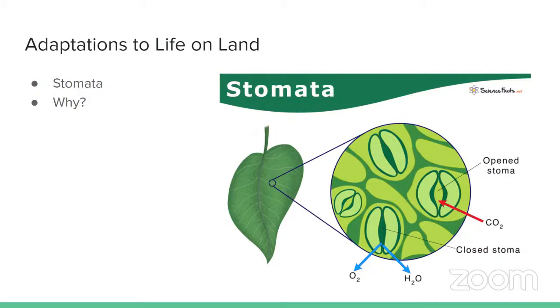It will release H2O. Actually, I think it should probably be pictured when it's open, rather than drawing it on there. But yeah, the stoma open and close, right? So we're able to control a little bit the permeability of the top layer of the plant.